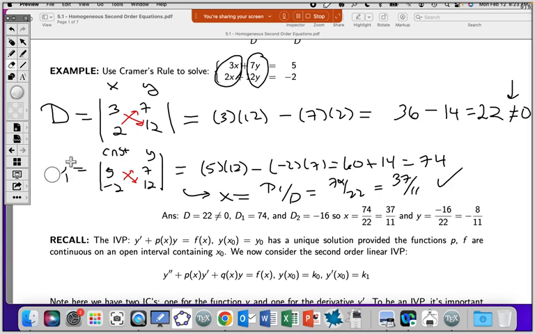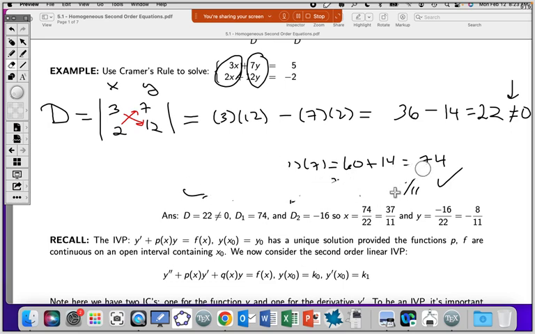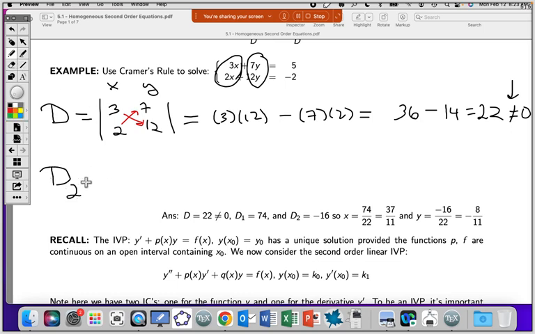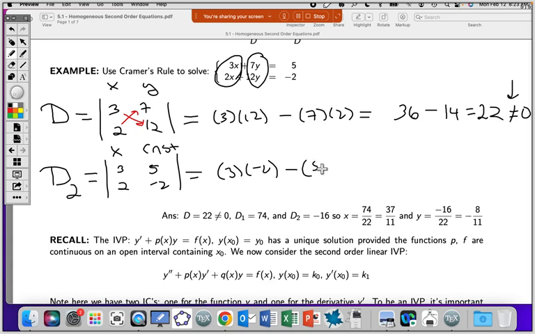And now to get the y, I'm going to just keep that d there. To get the y, we're going to swap out the y column for the constants. So we're going to get d2. The x column is the coefficients of x. The y column will be the constants, 5, negative 2. 3 times negative 2 minus 5 times 2.